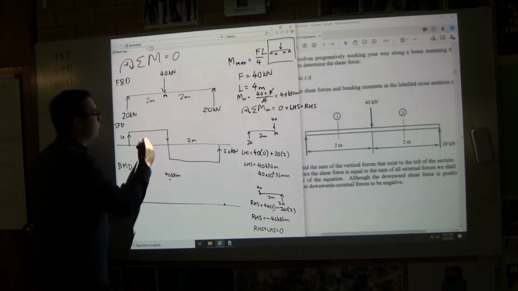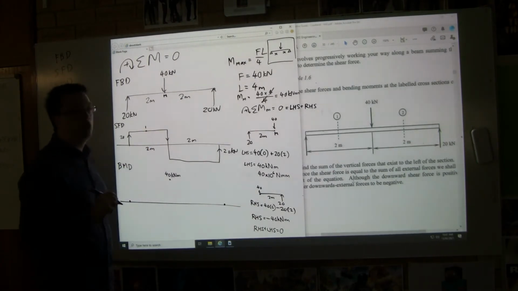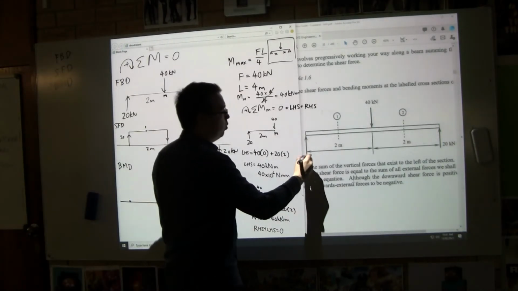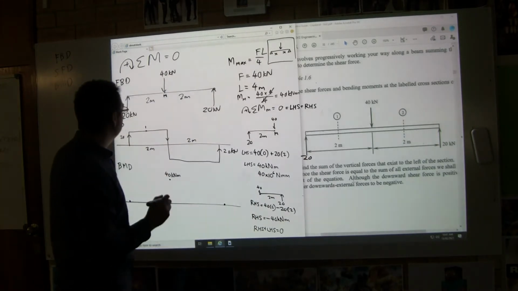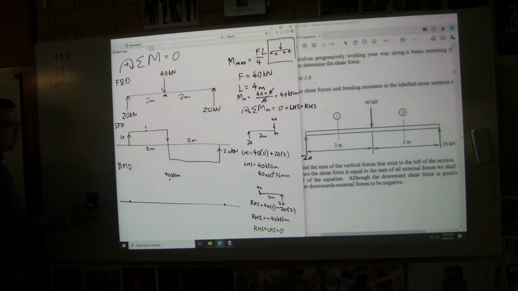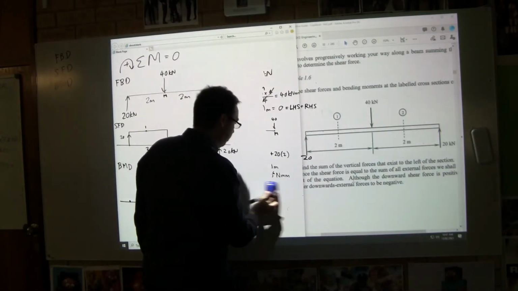Okay, so now what we're going to do is look at this point 1, or location 1. I had a student this week who didn't get that. So I'm just going to write here 20 just so we can remember. If we're looking at the left-hand side at location 1, I'm going to remove this now because we're done with it and I want to write in the white space.